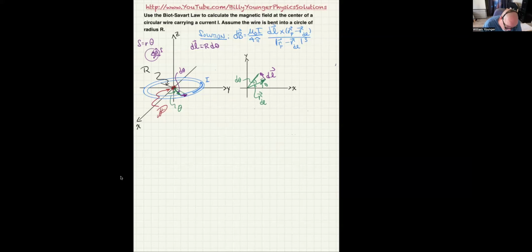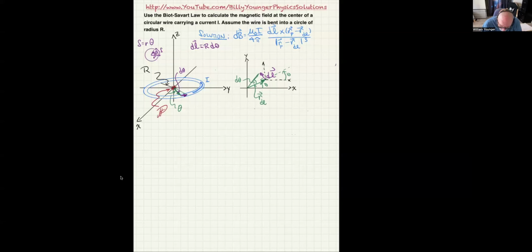Now, if I redraw the x and y axes right there, I got a little off axis on that one, but I'm trying to draw it straight up and down. That means that this green line, if I continue it in the same direction as RDL, makes an angle theta.